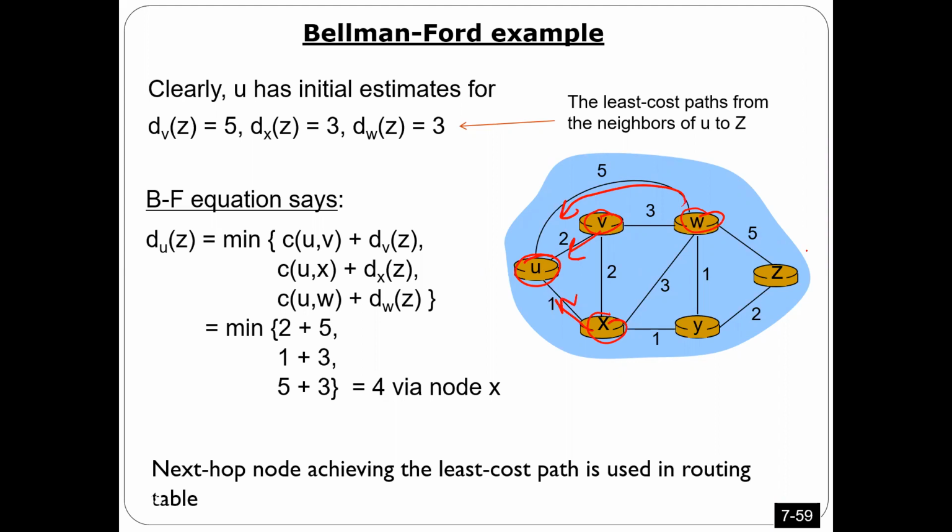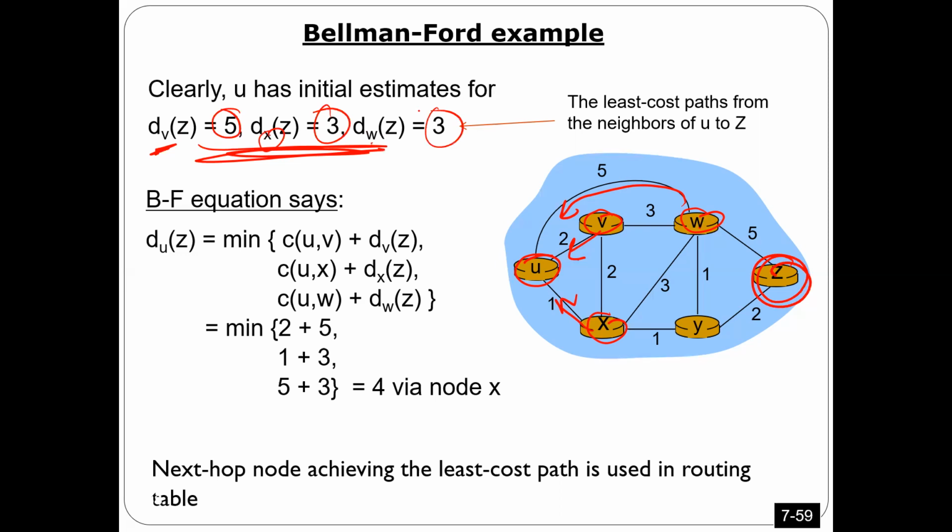I don't know the whole path. I just know the cost. It's a very simple example, as I explained last time. If I want to send data to router Z, my neighbor V told me the cost is 5, my neighbor X told me the cost is 3, my neighbor W told me the cost is 3.